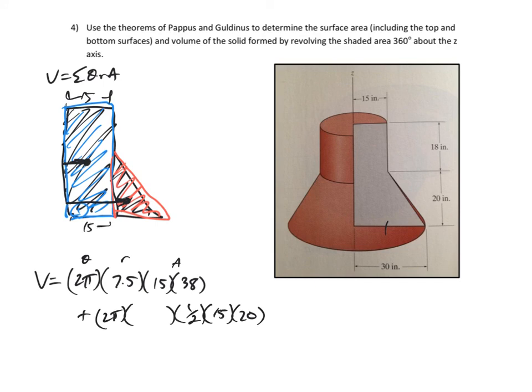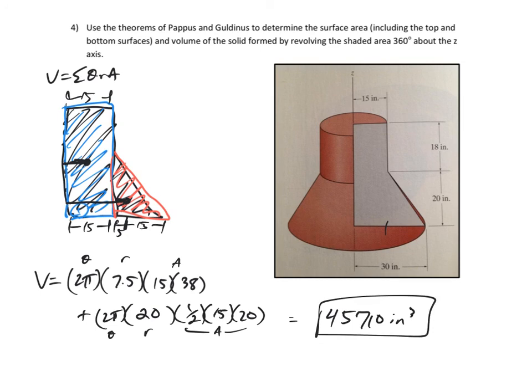So this is 15, this is 15 and 5, so 20 would be its R. So there I've got the theta, the R, and the A for that one. Add those together, you'd get the volume of 45,710 inches cubed. That would be the volume.